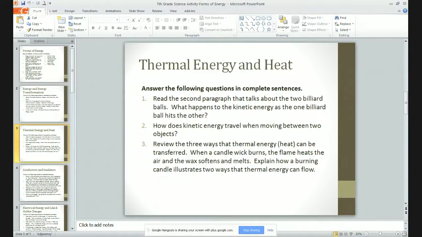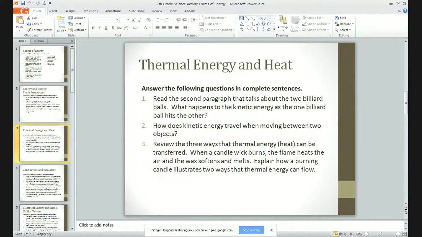So there's a couple of ways. You can have radiation occurring. So the actual fire, or the flame that's coming off of that wick, so that light energy is going to become thermal energy or heat.